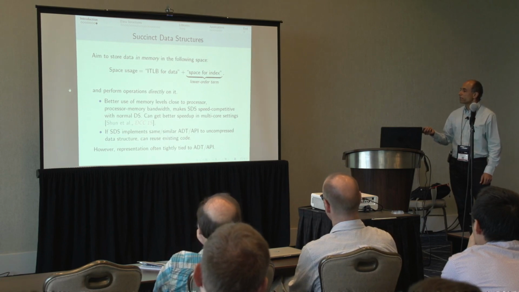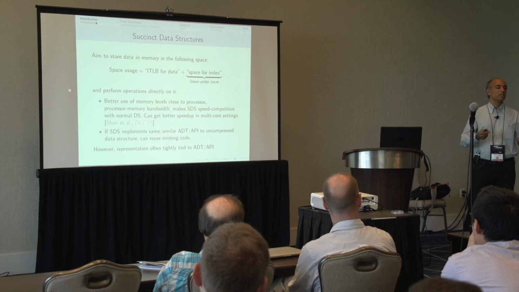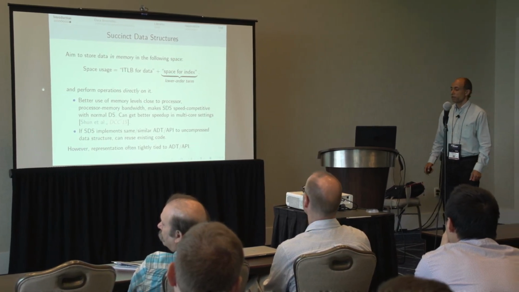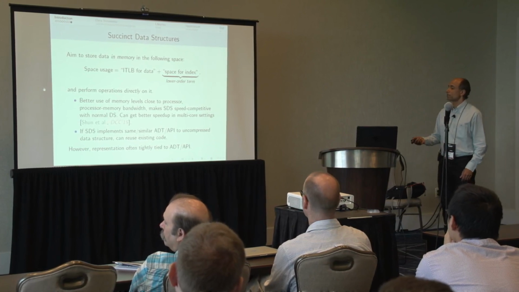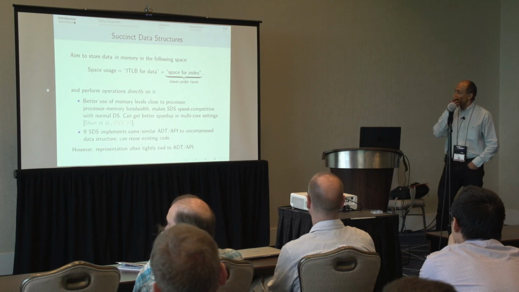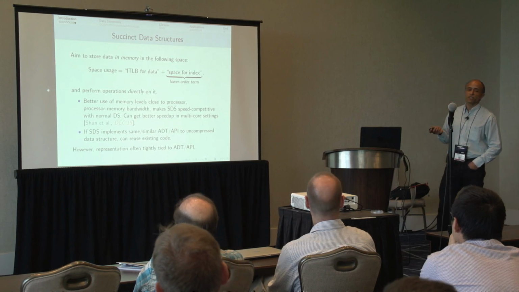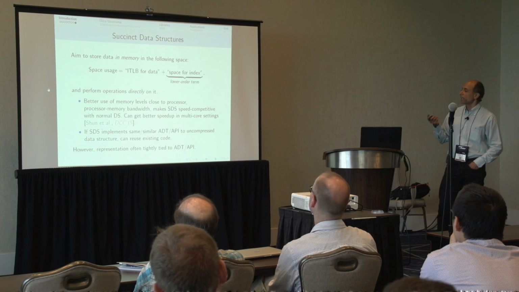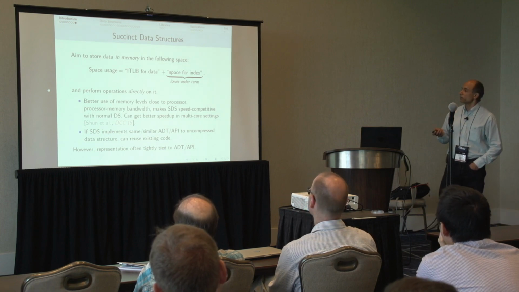And it also turns out that if you're using multi-core settings with shared memory, then reducing the amount of memory communication is very good. There's a paper by Julian Shun in DCC 15, where they report that by storing the graphs in some kind of compressed format, they actually managed to get better speed-ups for many graph algorithms.